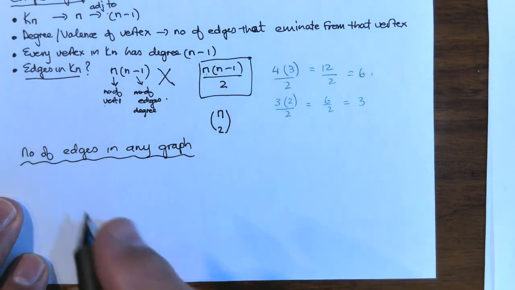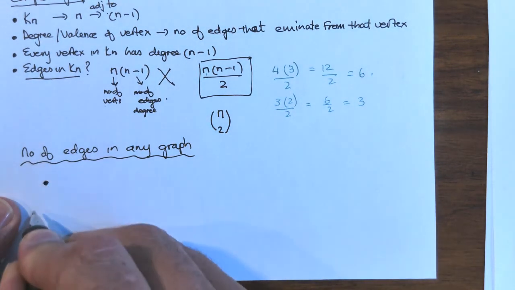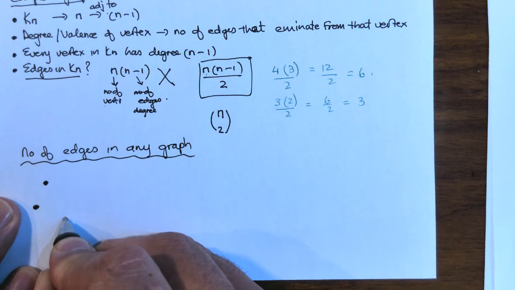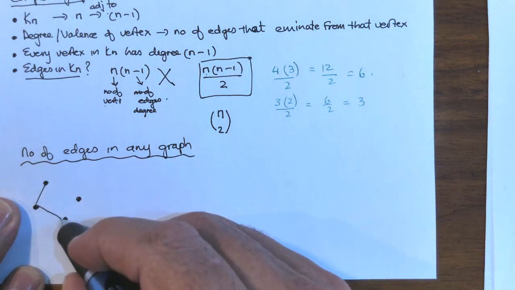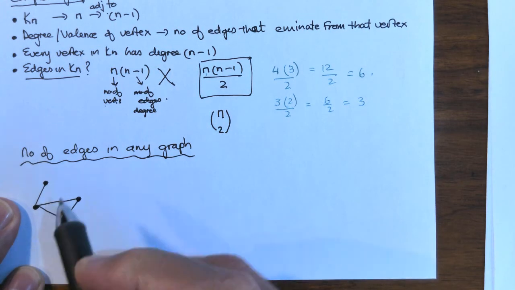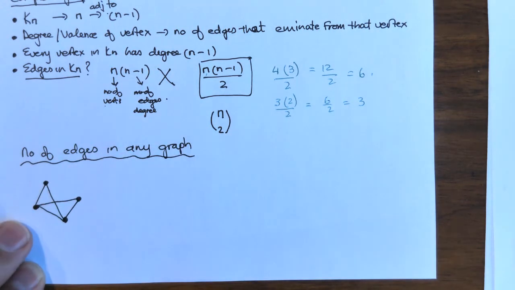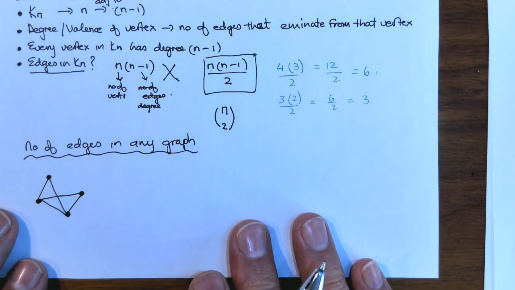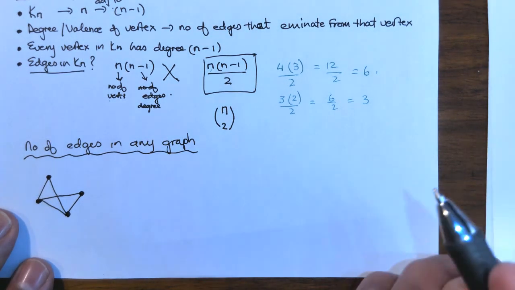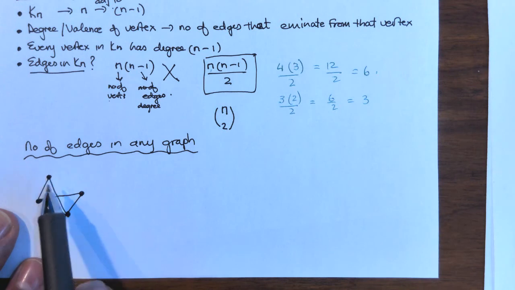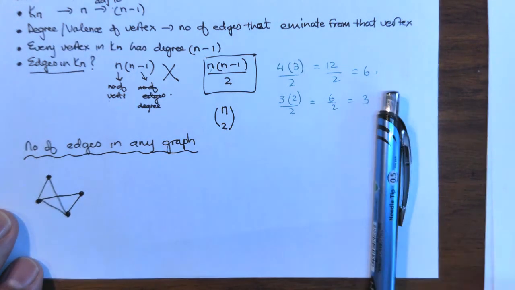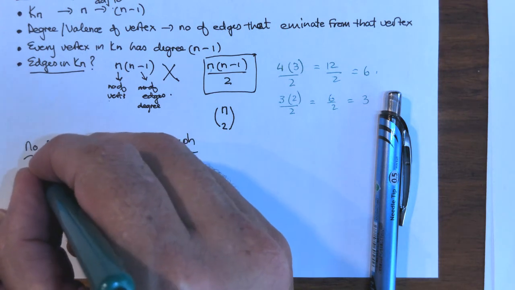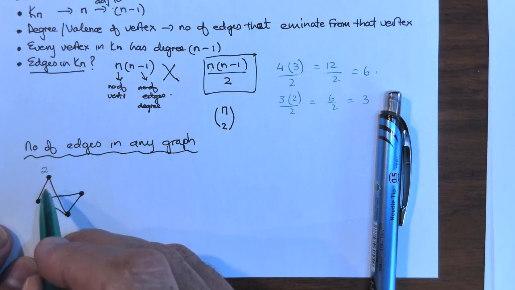Okay, so if I have a situation where, let's just draw one. I have this, that, and this. So let's see, what can we say about a graph that's not complete? Why isn't it complete? Because there's no pathway here. So this one will have a degree of 2, or a valence of 2.